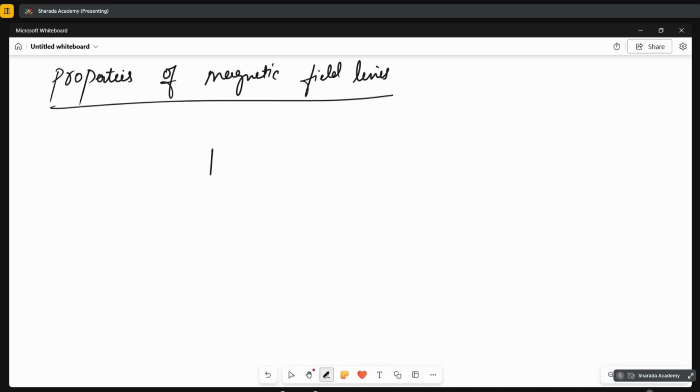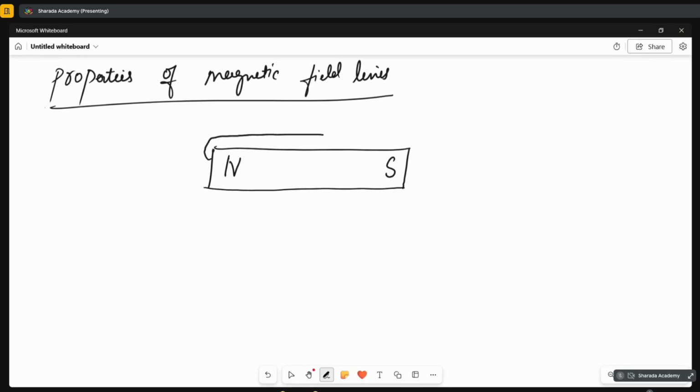So how it will be there? Any bar magnet, if you consider this is a north pole and this is the south pole. So the magnetic field lines originate from the north pole and terminate at the south pole. Inside it will be from south to north.